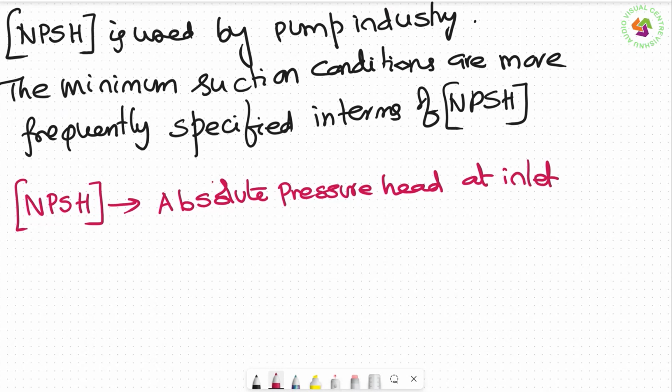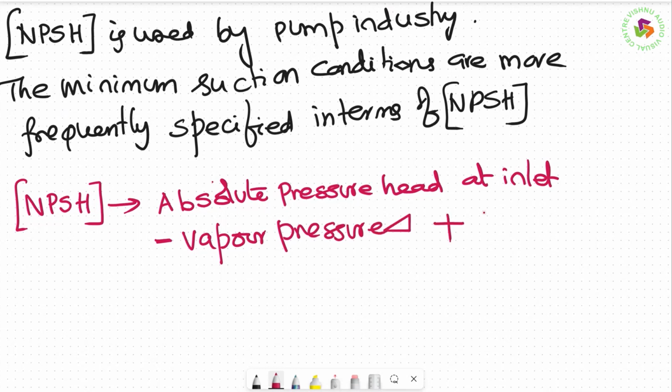Rather than writing minus, I am writing it as absolute pressure head at the inlet, minus vapor pressure head, plus velocity head in the suction pipe.